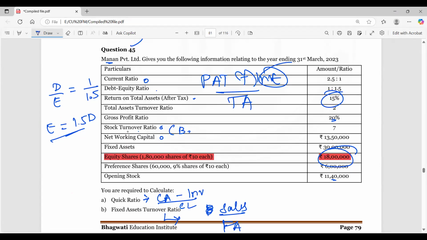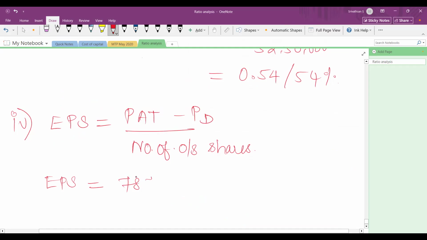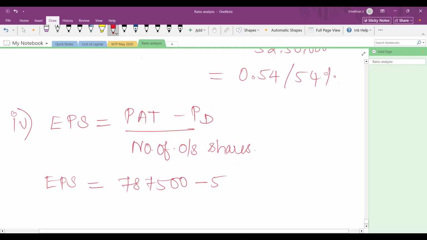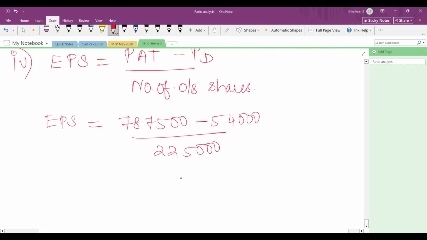15% of total asset, minus preference dividend, minus 6 lakh into 9%. We will get 54,000. Number of outstanding shares is 2,25,000. How 2,25,000? You all understood?